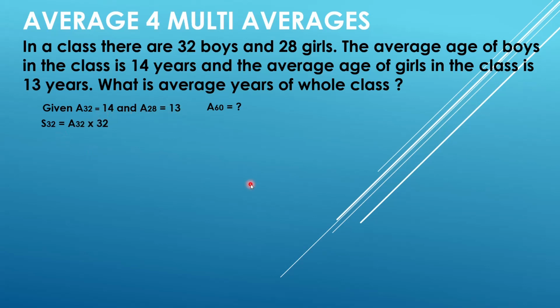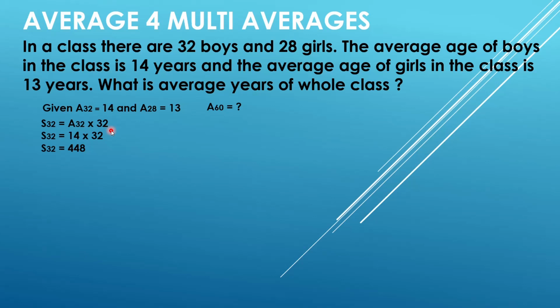Now first we'll find S32. Since the average is the sum divided by 32, S32 will be A32 into 32 directly. So S32 will be 14 into 32, which is 448.